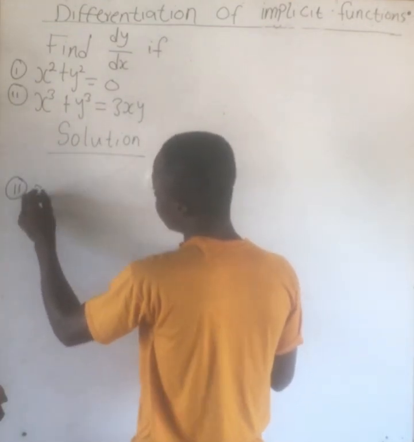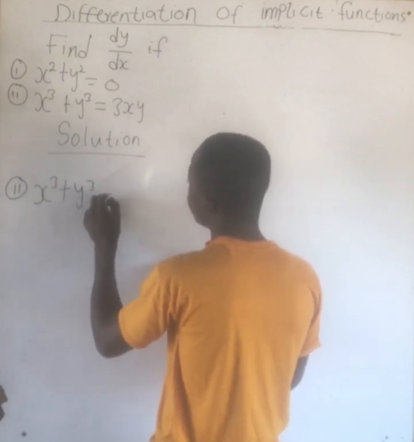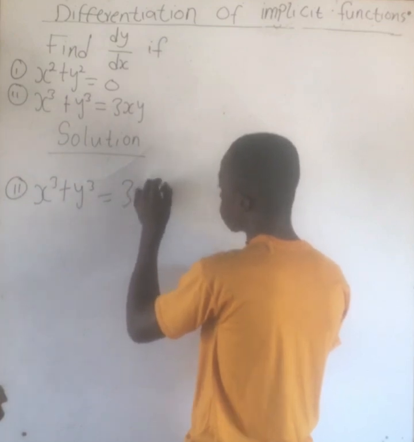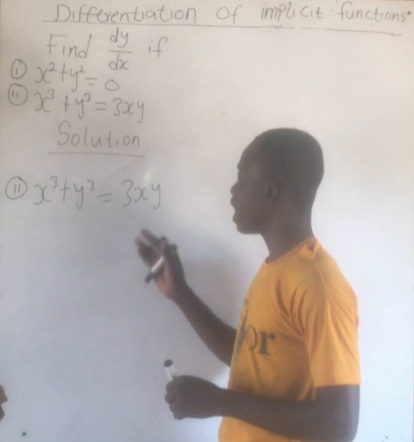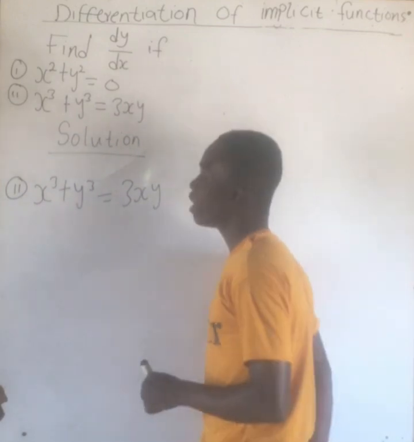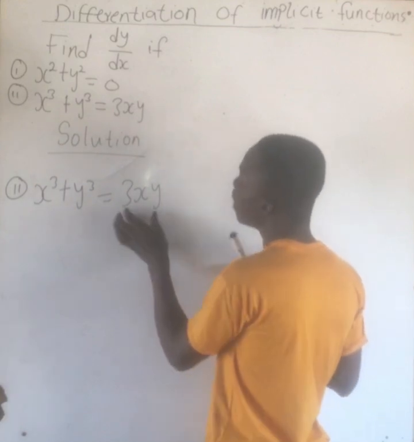Now it is x cubed plus y cubed equal to 3xy. So we have to also differentiate this one. Mostly this part always gets students confused.